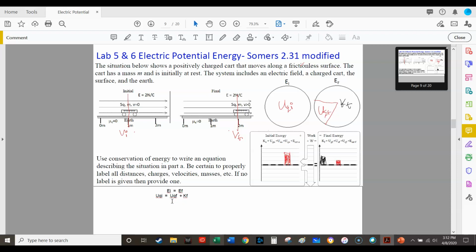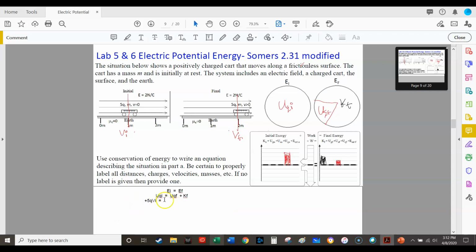Well, let's start putting in our variables. Let's put in our levels of detail. Okay. So initially, this is going to be a 5Q cart, and I'm going to put a positive 5Q cart, and it has an initial voltage working on it.